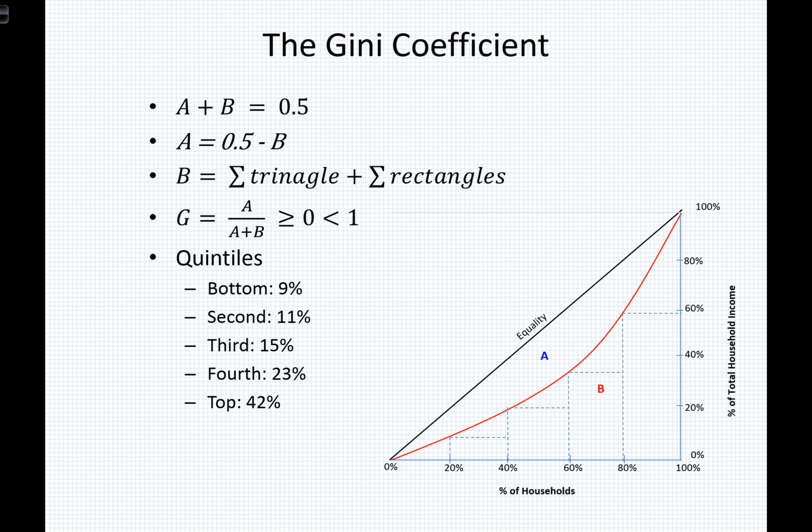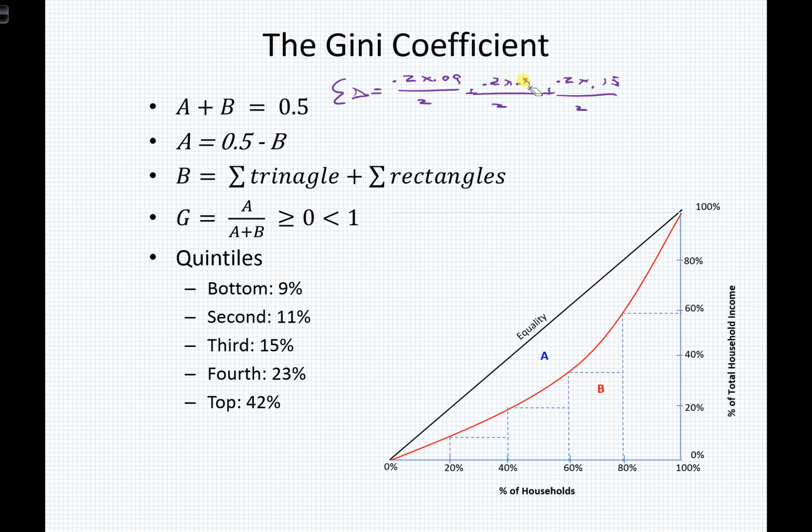Each one of these, if we're thinking about these as 0.2 being the same as 20% or 0.09 being the same as 9%, what we really have for this sum of our triangles is we have 0.2 times, in this case, 0.09 divided by 2, plus 0.2 times 0.11 divided by 2, plus 0.2 times 0.15 divided by 2.